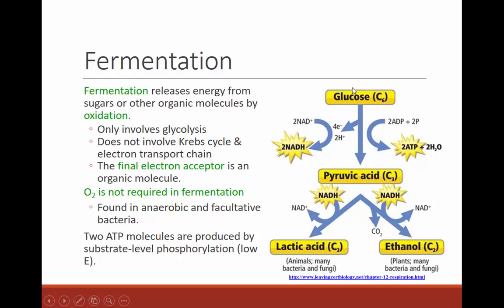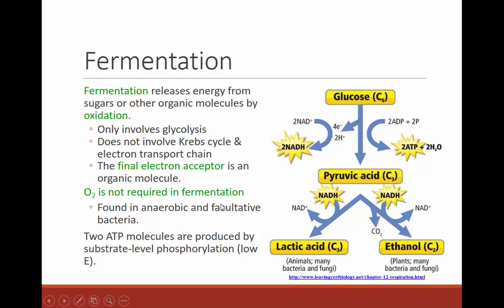So what happens? You have glucose as the substrate. You get the production of pyruvic acid, but instead of going through the Krebs cycle and electron transport chain, it goes into lactic acid that we've seen earlier, or ethanol. Okay, so it can go in a couple of different ways. Now, please remember that oxygen is not required for fermentation.